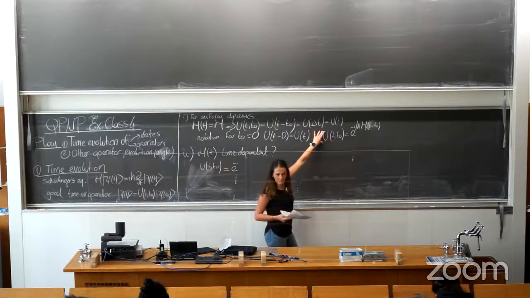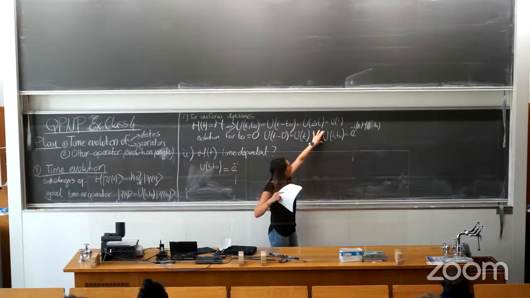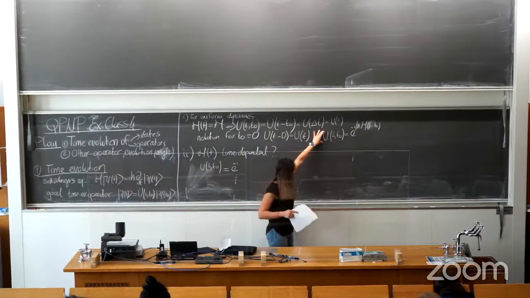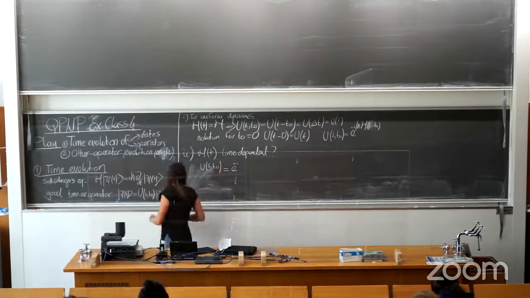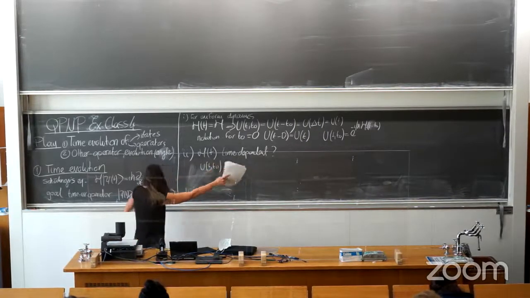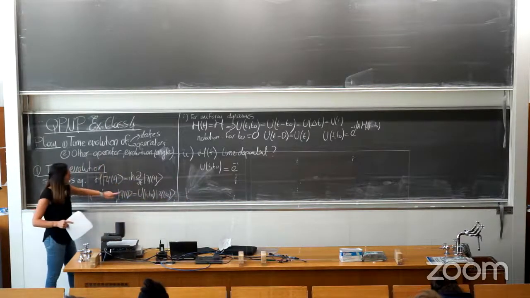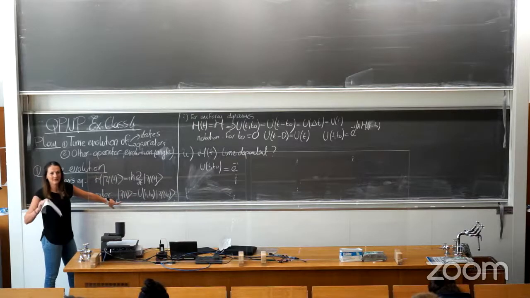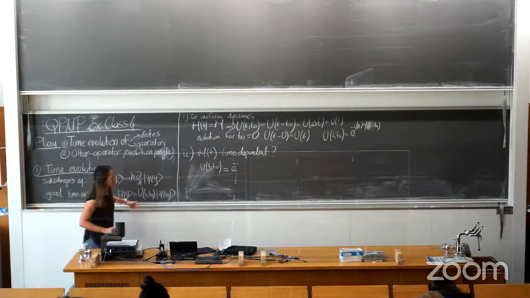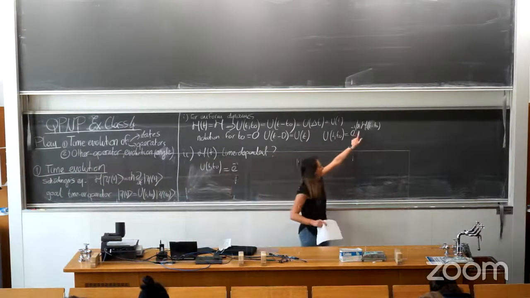So for a uniform dynamics, if we know the Hamiltonian and an initial state, we can calculate the state at any time. Okay, so this is very powerful. Of course, the problem is exponentiating the matrix.